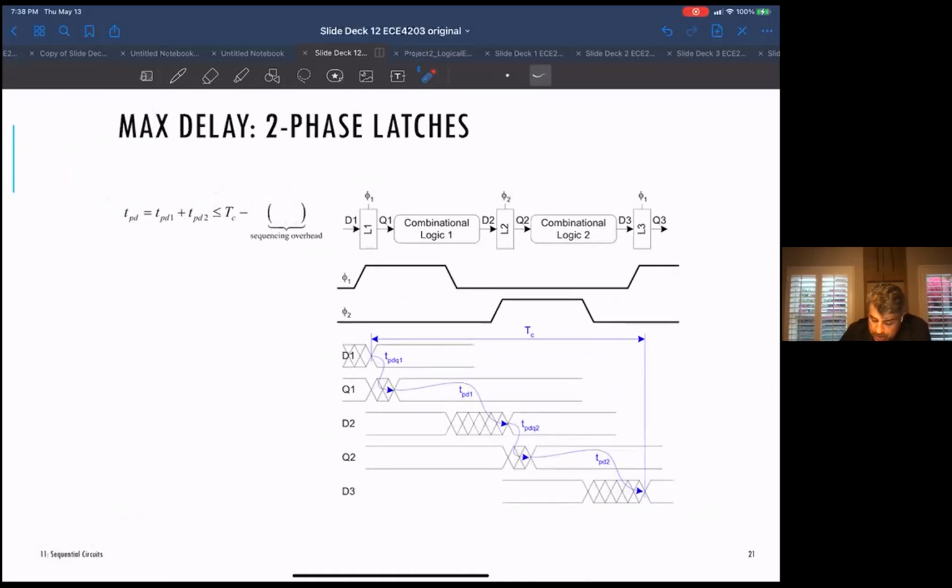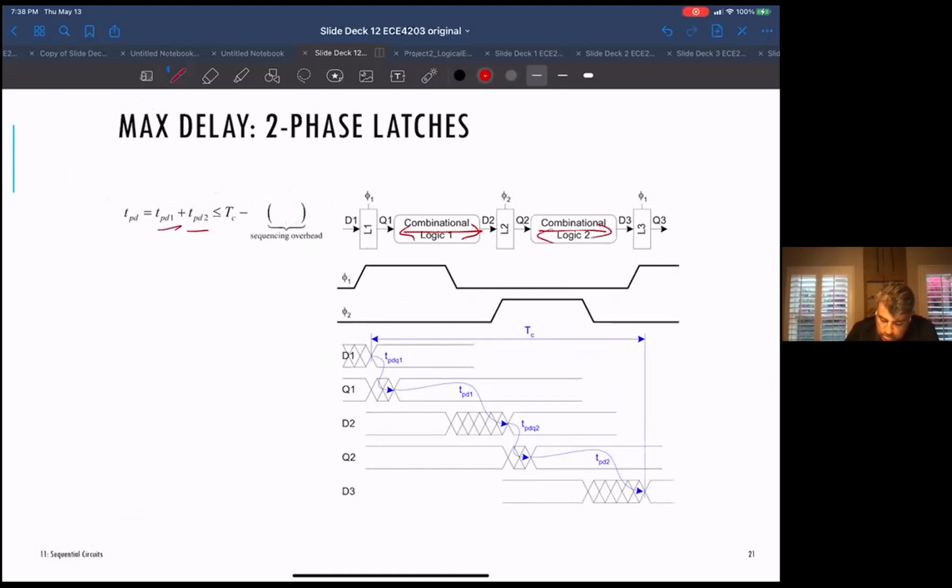So, in a two-phase latch system, you have the prop delay associated with the first phase and the second phase logic.